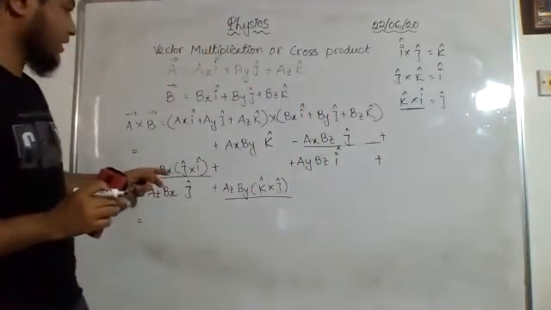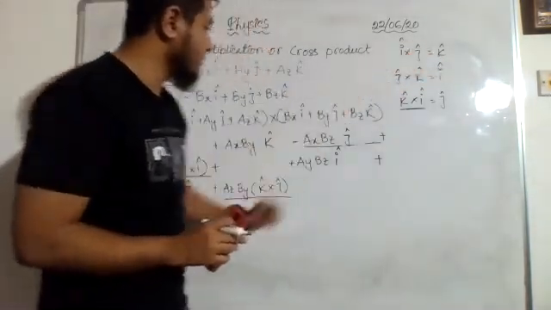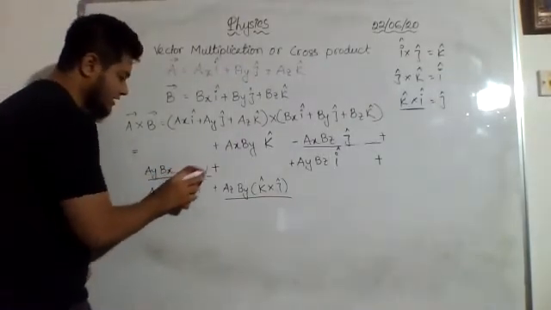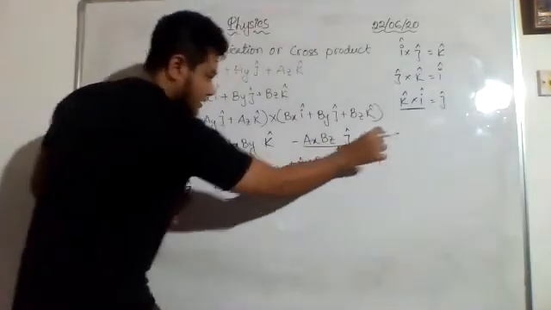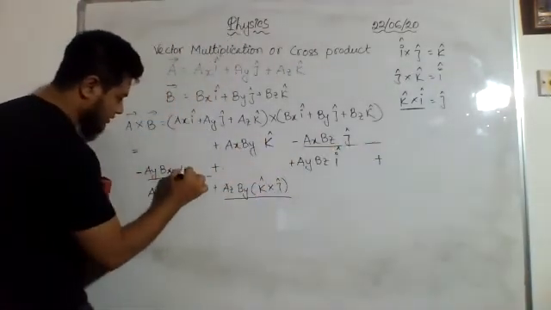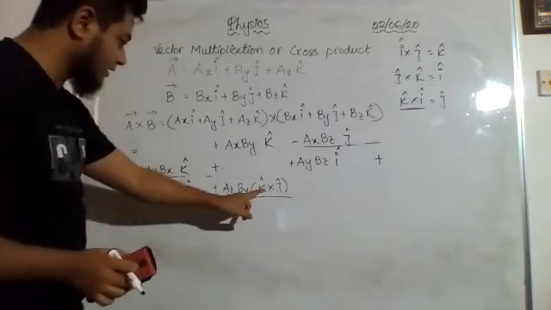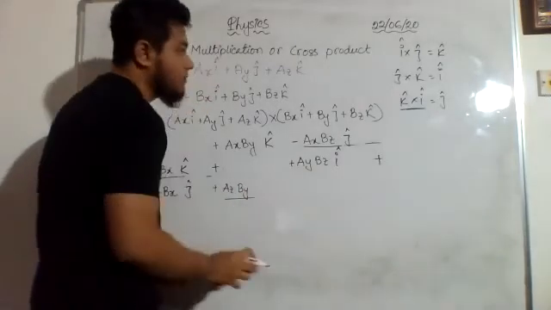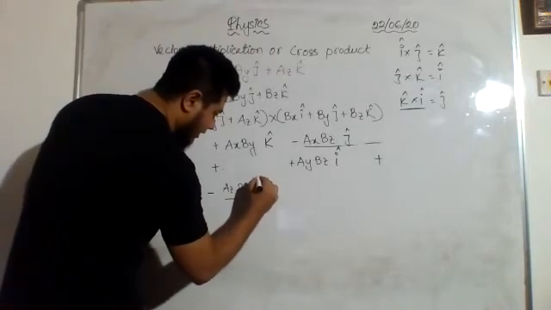Then I have j cross i. i cross j is k, but here I have j cross i, so it will be minus k. So this sign I will make negative here, and this will become minus k. And the rest, this will become k cross minus i. It will become minus i, right? So I will just put minus here and i.